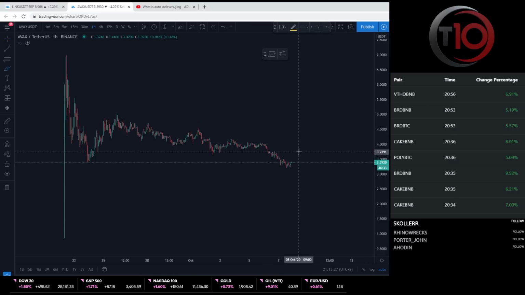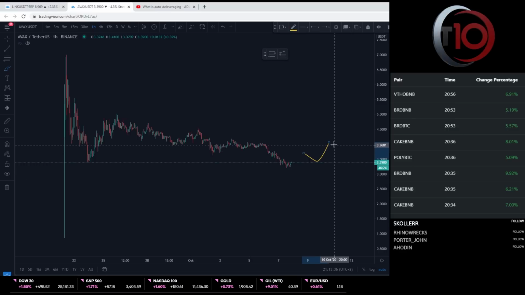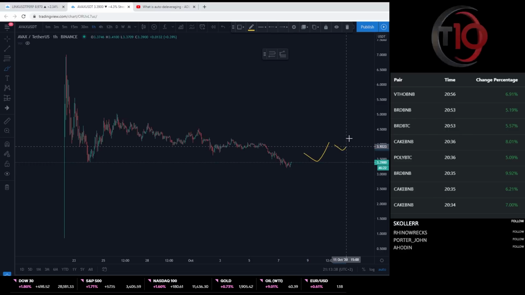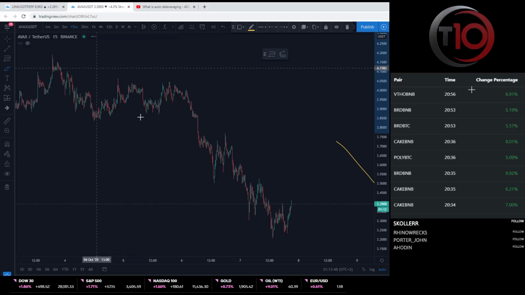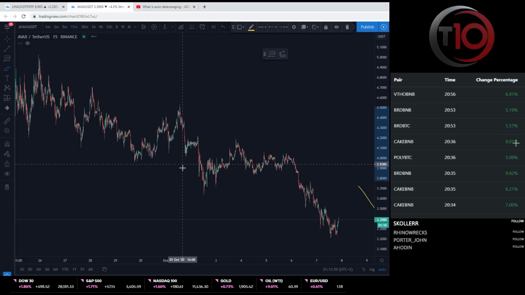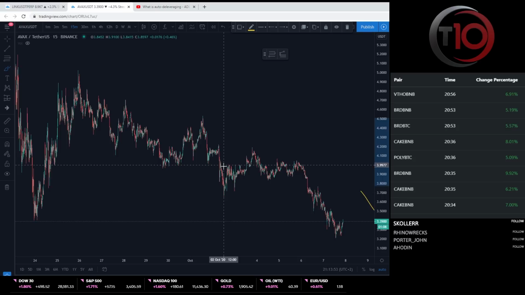So maybe go up in this area, and then hold the previous swing and try to go higher. Maybe even test something like this afterwards. It hasn't given a good setup yet. Maybe on the 15. No. So just wait for some sort of a setup.